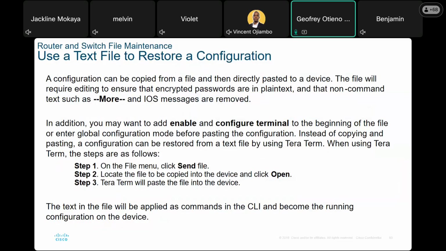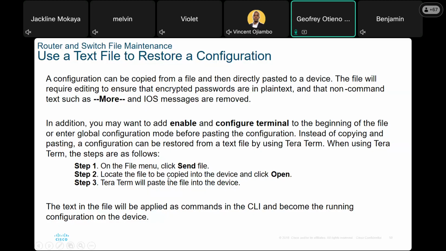So after you have modified your file, you can go back to the switch prompt or the router prompt. You enable, config t. Then, depending on the program, Teraterm or PuTTY, on the File menu, click send.